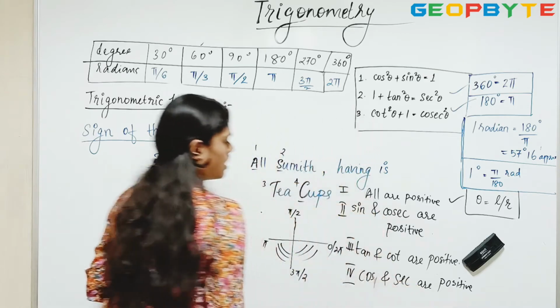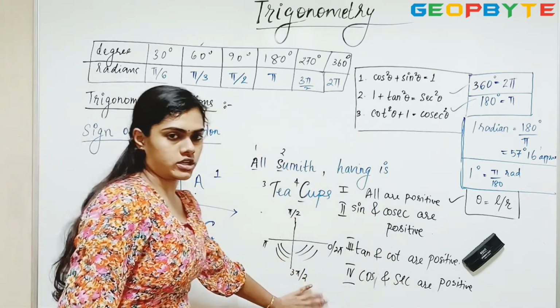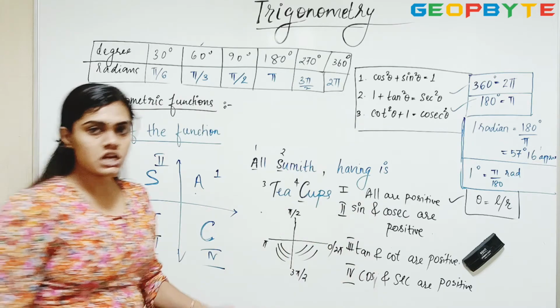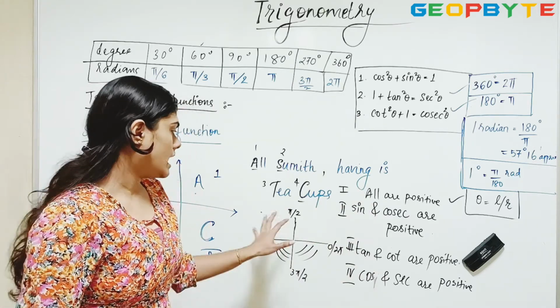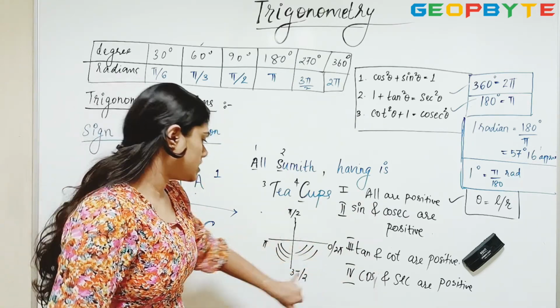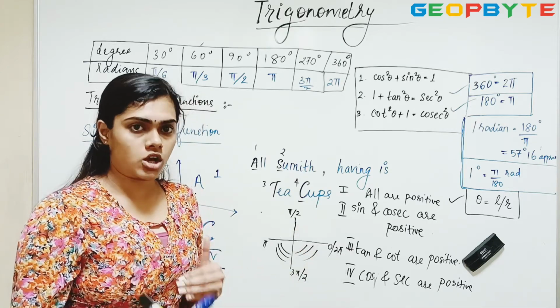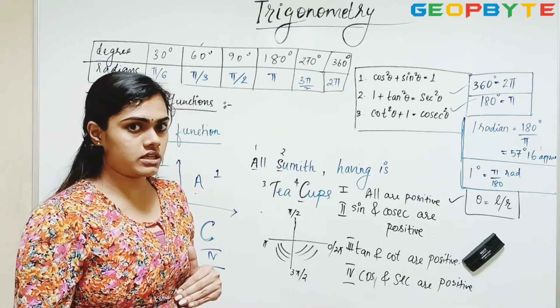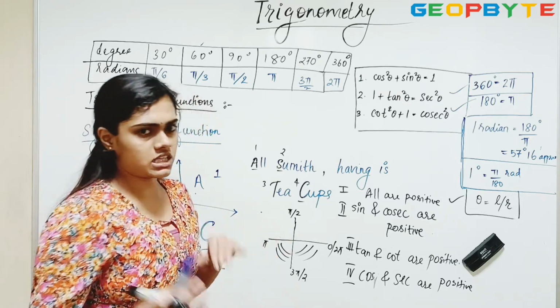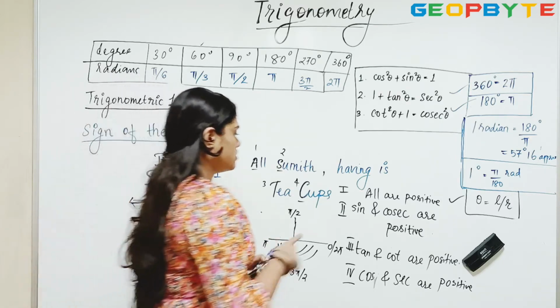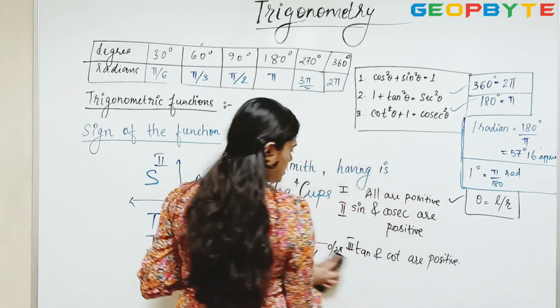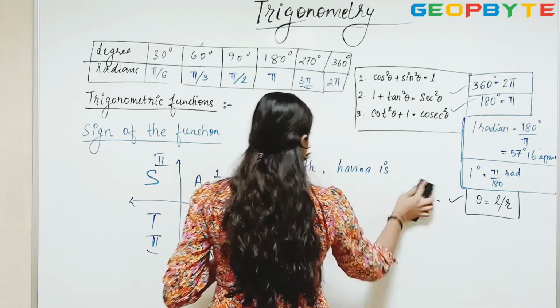All other functions are negative in the fourth quadrant. So we have to keep in mind that whenever we get an angle in one of these quadrants, we have to change the sign accordingly, positive to negative, negative to positive. We have to keep this in mind all the time.